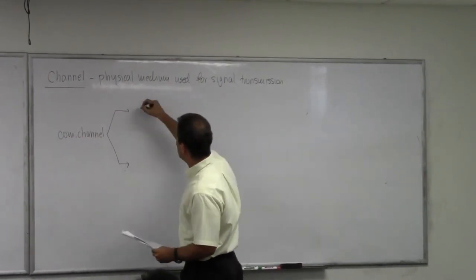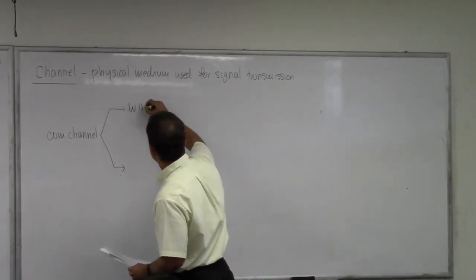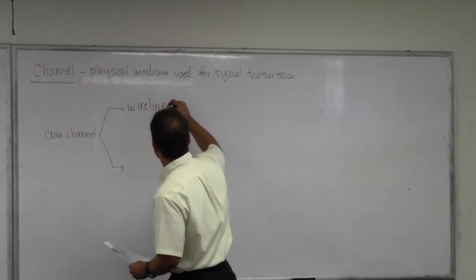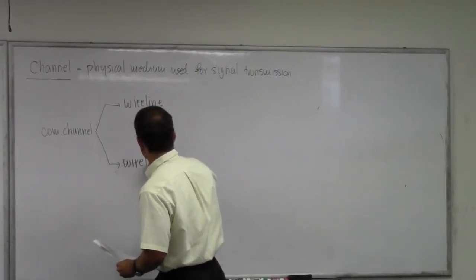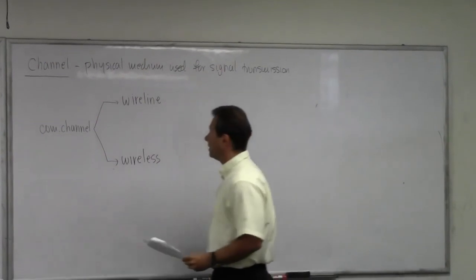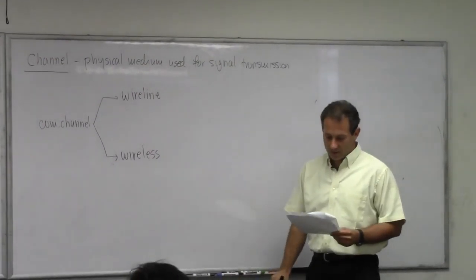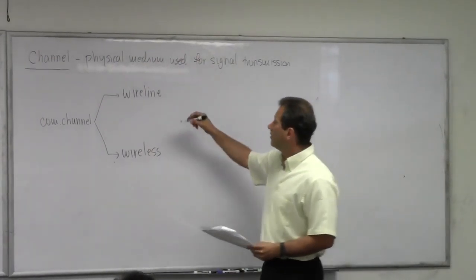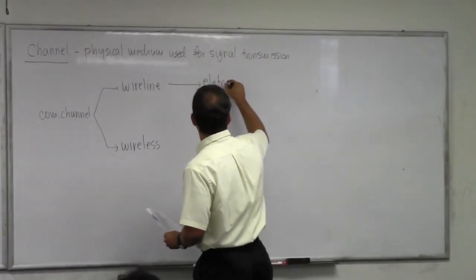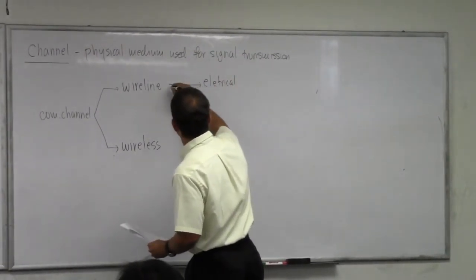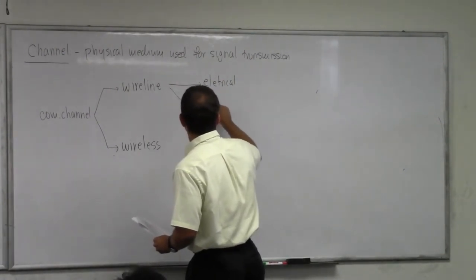There is what we can refer to as wireline, and there's what can be referred to as wireless. If you're talking about the wireline channels, you can have electrical and then optical.